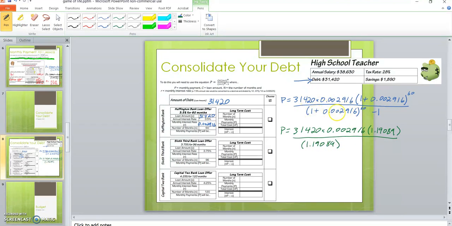Keep in mind that everything in this bracket is the same as this bracket, so I don't have to do that second calculation again.